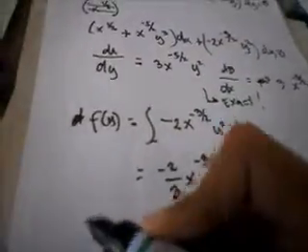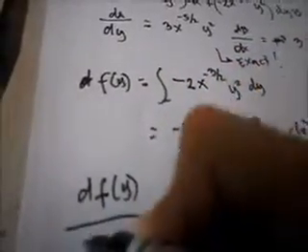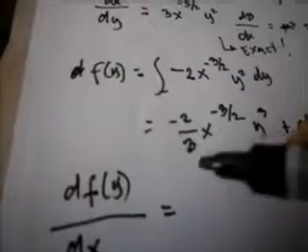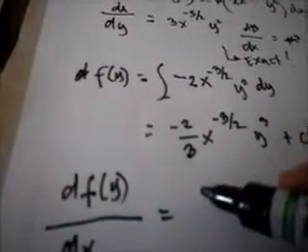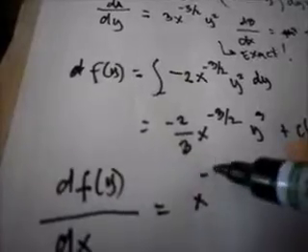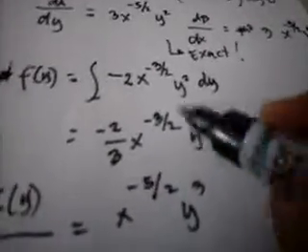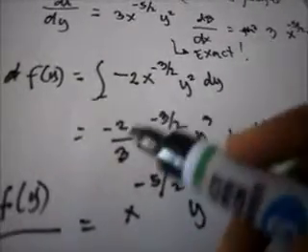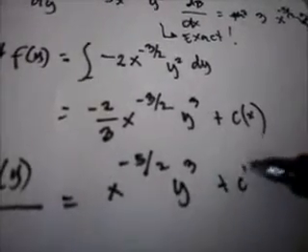To get c of x, we need to find the derivative of f with respect to x. We have x to the negative 5 halves y cubed, plus c prime of x.